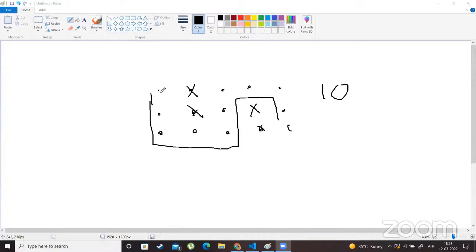So what we can do is, every square will be a vertex in the graph, and its adjacent squares will be its neighbors. All its vertically and horizontally adjacent squares will be its neighbors. So we can construct a graph out of this.